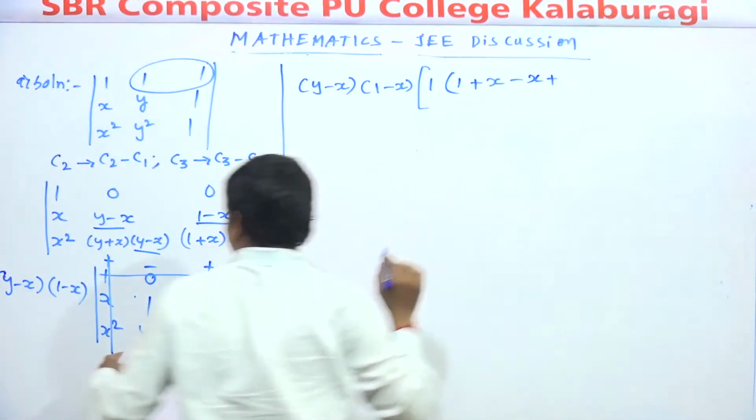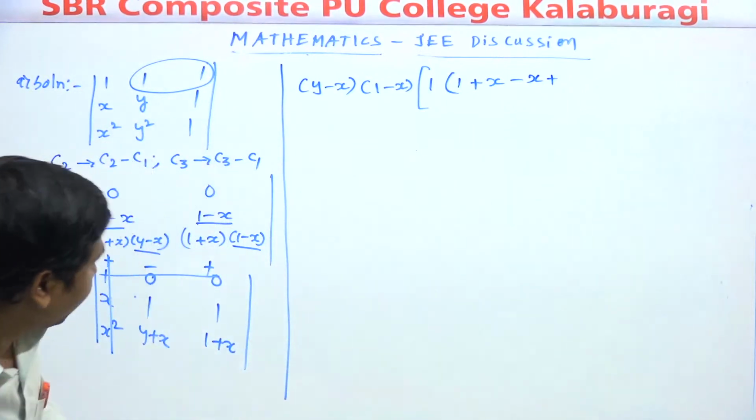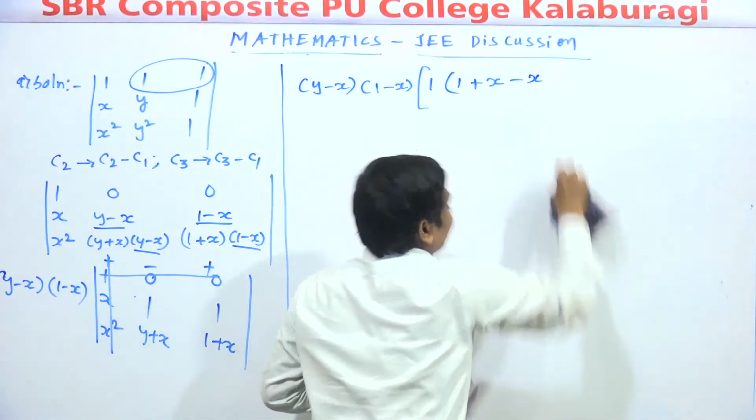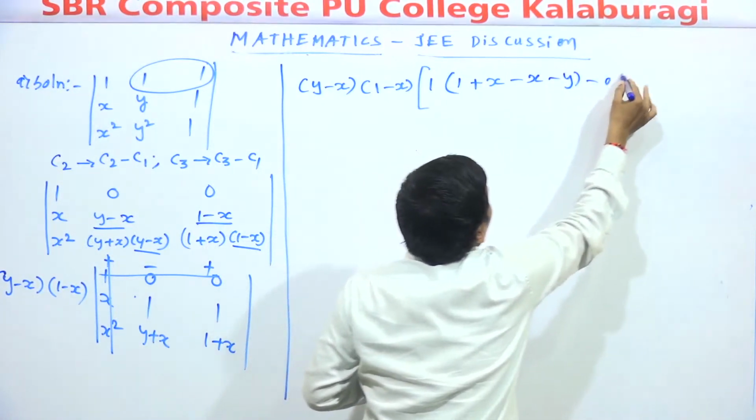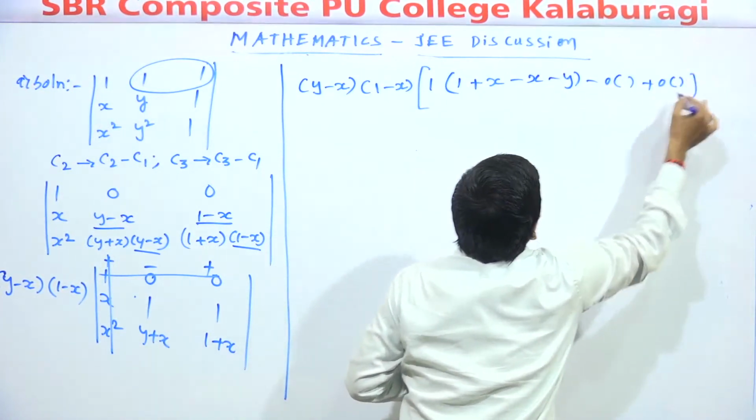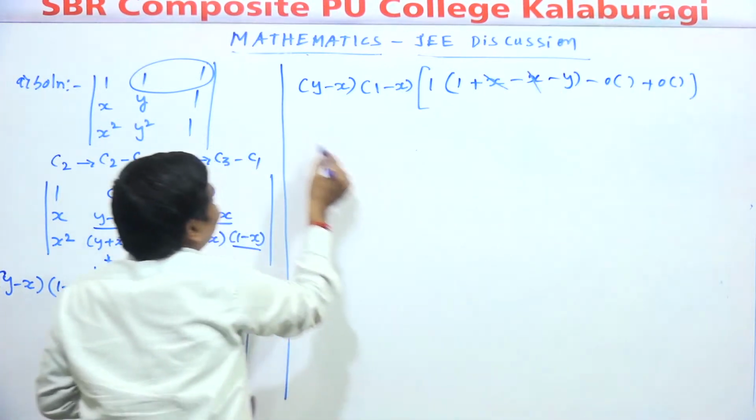Minus x minus x minus y minus x and minus y. So minus 0 into a number is 0, plus 0 into a number is 0. Minus x plus x get cancelled.